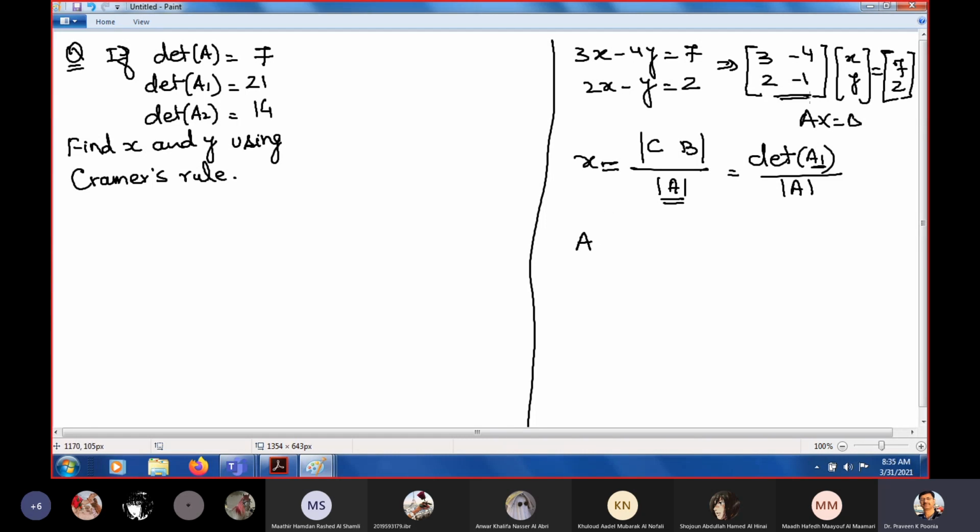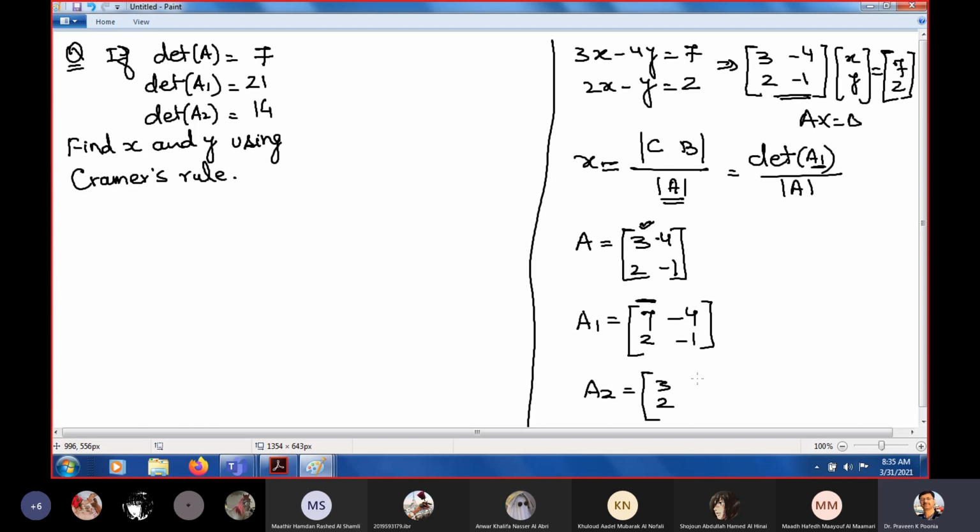This is A: 3, minus 4, 2, minus 1. A1 means I need to replace the first column. What is the first column? Replace with 7, 2, minus 4, minus 1. This is A1. I replaced the first column. And A2 means I need to replace the second column. So the first will be the same, 3, 2, and this will be replaced by this one.